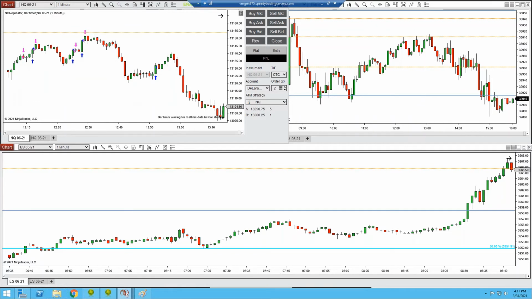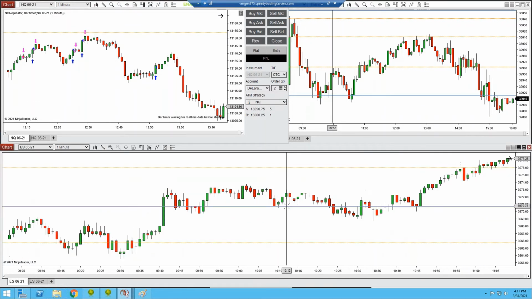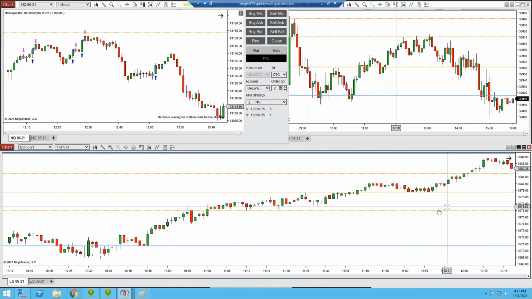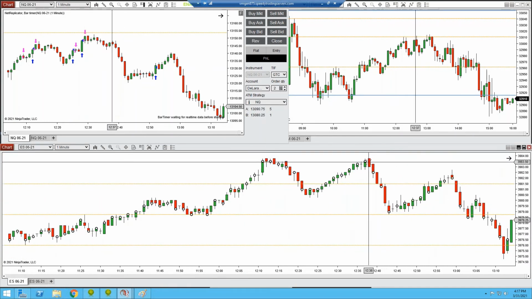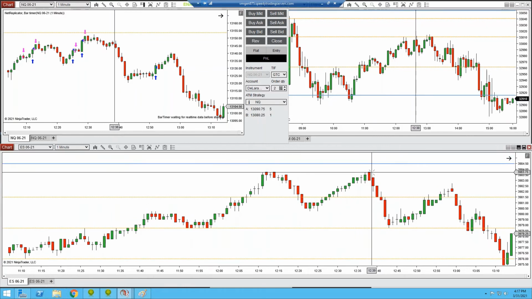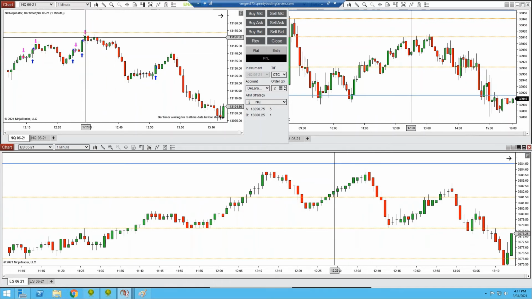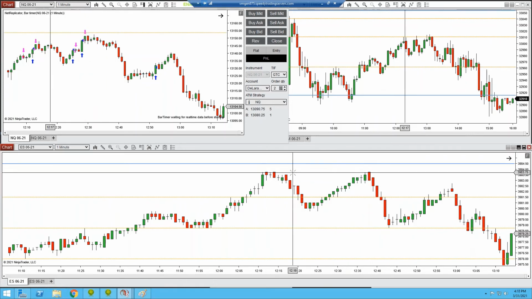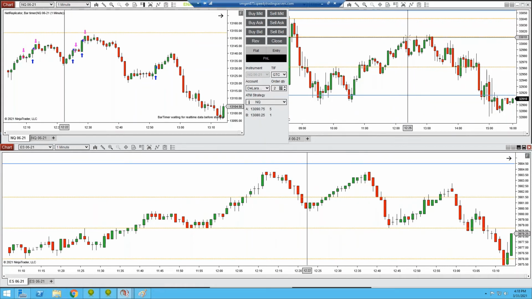And in the chat, you guys can see I was saying like, oh, it looks like it's fixing to turn here. It should happen pretty soon. And I really liked it because ES here was trying to make it up to the CP and couldn't. You see how NQ was coming up and ES was way down here, down below, and so was the YM, the Dow, was hitting this KP at the same time.